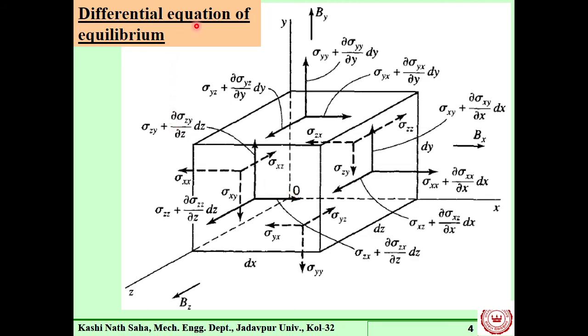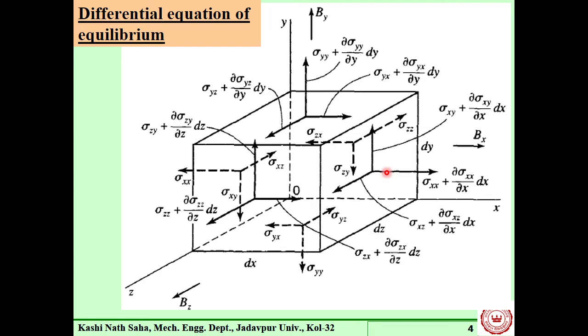If we then follow this differential equation of equilibrium, we can obtain the state of stress of neighboring points, and by that process find the state of stress of the entire body. All these things are within continuum mechanics; keep in mind that if the continuum breaks down, this will not remain valid.